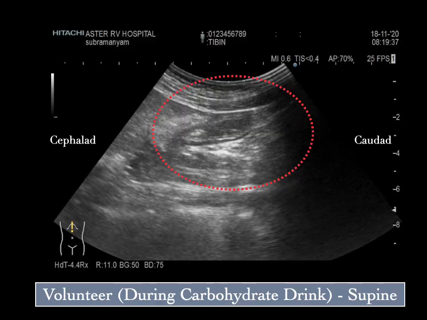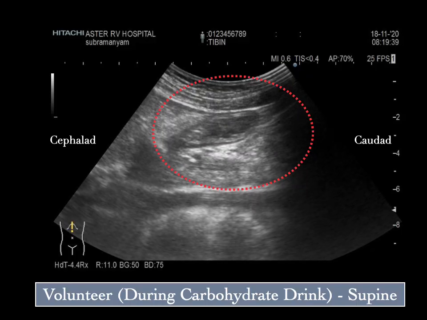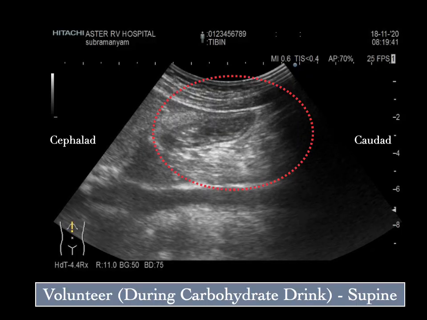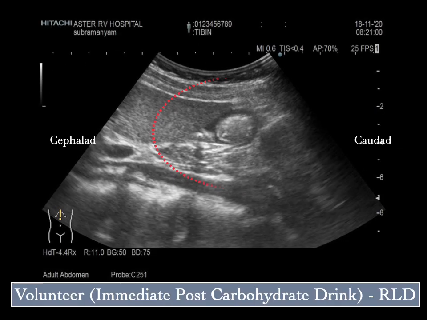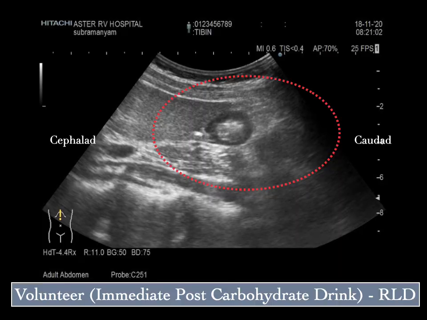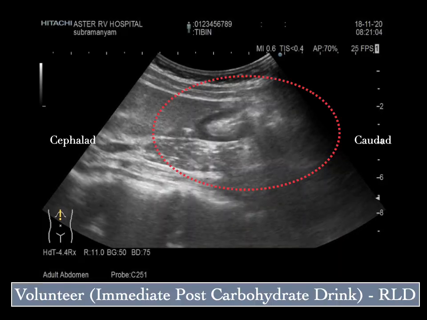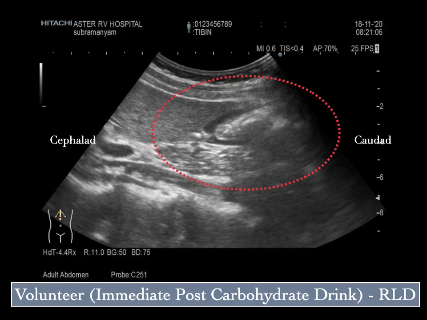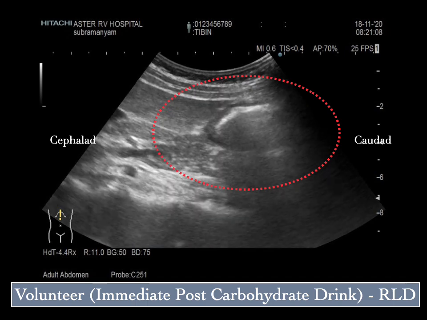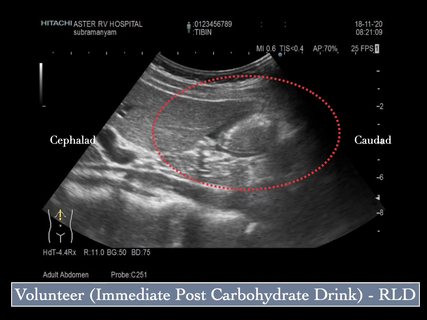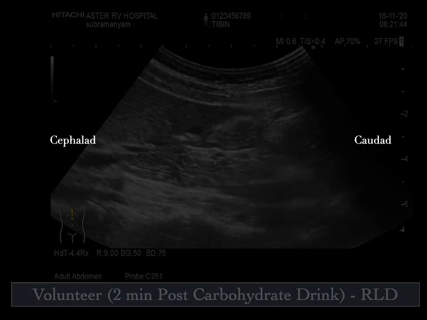Now, after giving a drink, you can see the stomach has expanded, the pyloric antrum has expanded, and you can see the walls as well as the circumference around it. After giving a carbohydrate drink, which we give as a pre-carbohydrate drink, you can see the stomach slightly different, but you can clearly see the dilated stomach is almost like a clear liquid as well.